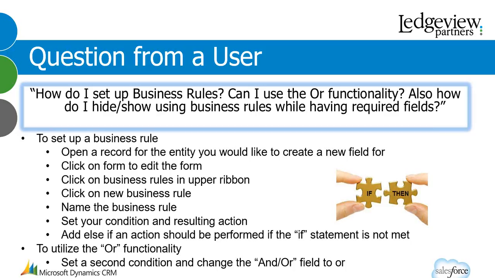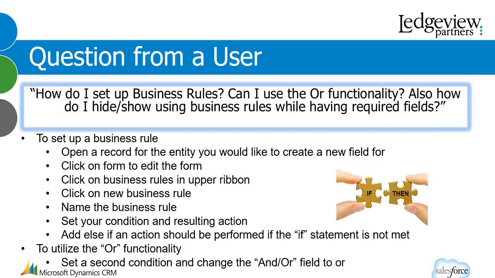Our first user question is, how do I set up business rules? Can I use the OR functionality? And also, how do I hide or show using business rules while having required fields? Those are great questions. To set up a business rule, you'll actually go into the record, go to that form section where we created the new fields, except up top there's going to be a new business rule section.